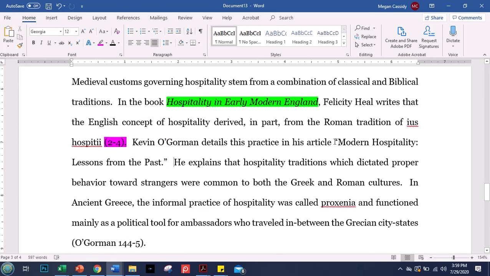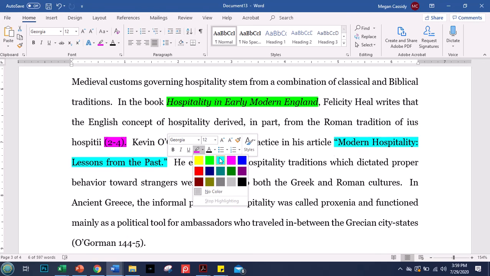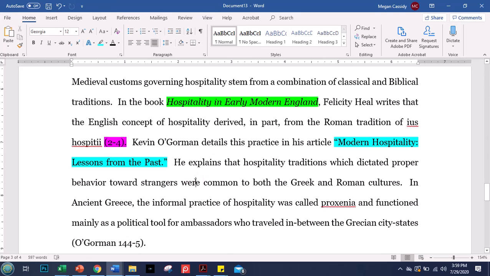Kevin Gorman details the practice in his article, Modern Hospitality Lessons from the Past. I'm going to put that in blue. He explains, then I go into that, and then I have here the citation. Okay, so what can we see in this somewhat boring paper that I wrote? A few things.